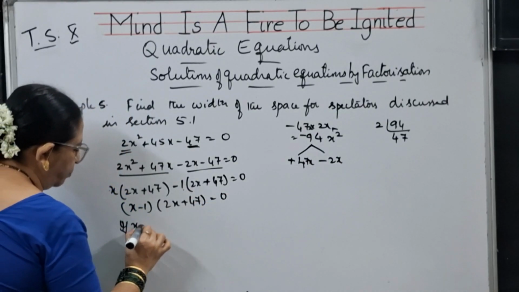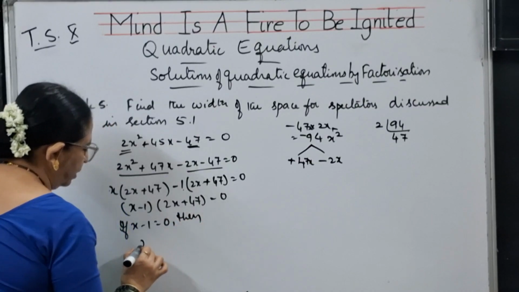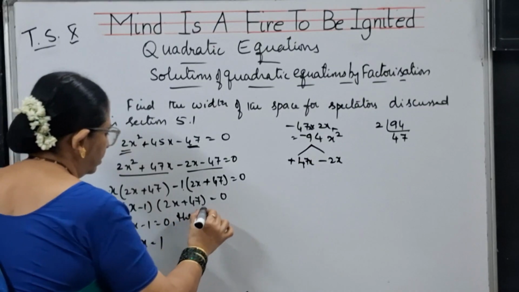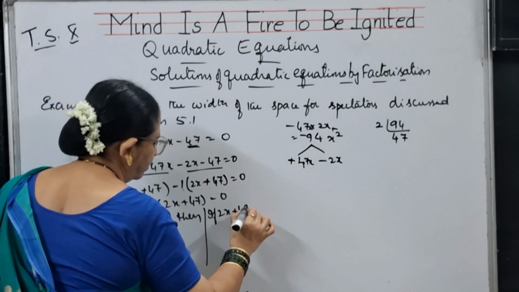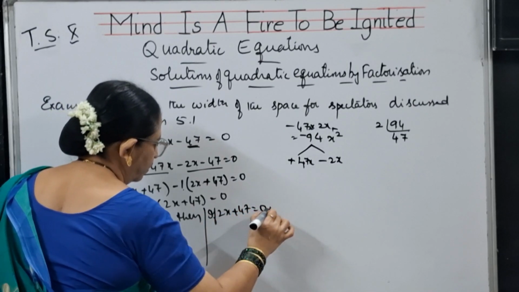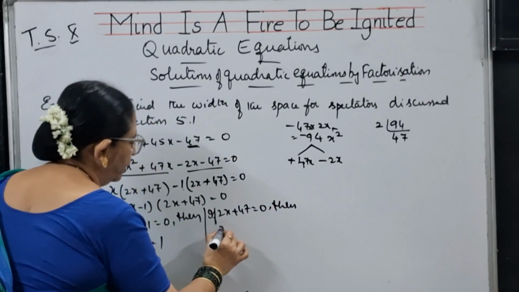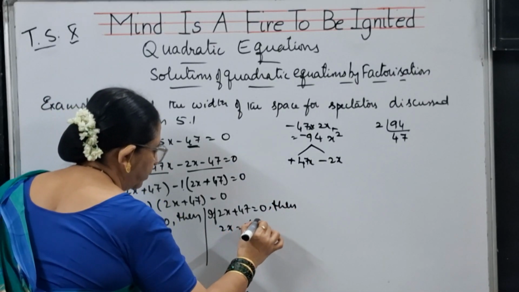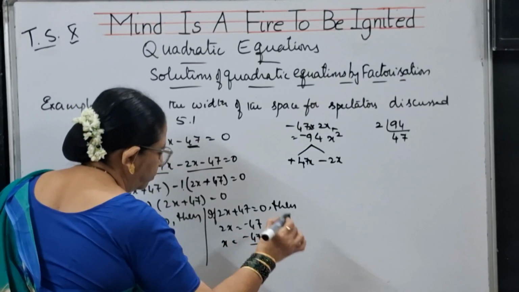If x minus 1 is equal to 0, then x is equal to 1. If 2x plus 47 is equal to 0, then 2x is equal to minus 47 and x is equal to minus 47 by 2.